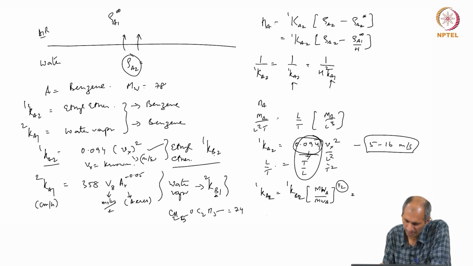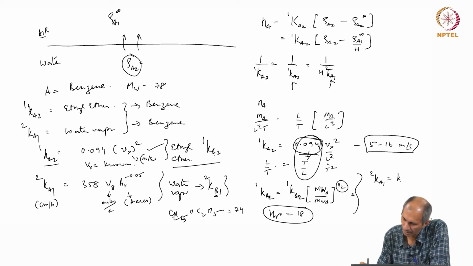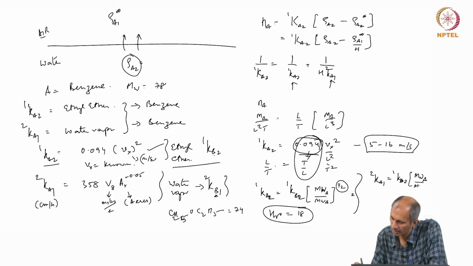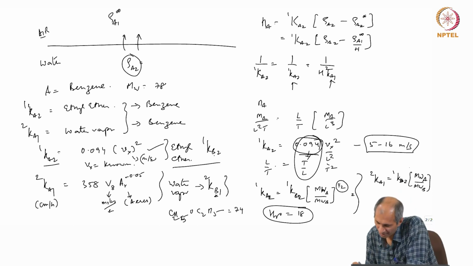Water is H2O, molecular weight 18. So, there will be a big difference between this and, if you look at the correlation, Ka12 equals Ka21 times the molecular weight of B by molecular weight of B. No, I think it is the other way around, sorry.